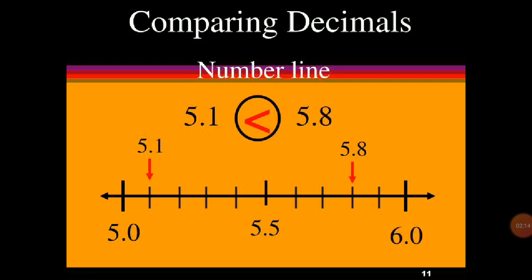When we move to the right side, the decimal values increase. As we move from left to right, numbers increase. So 5.1 is less than 5.8.